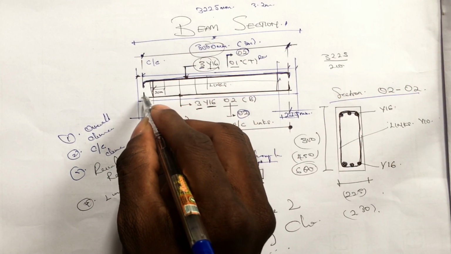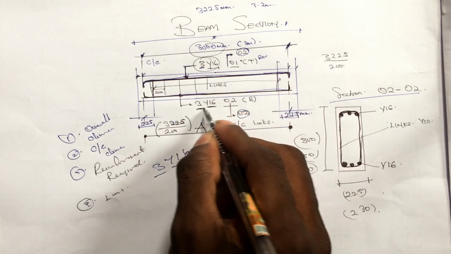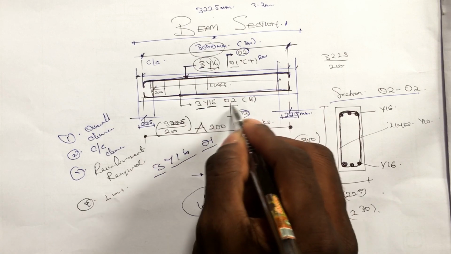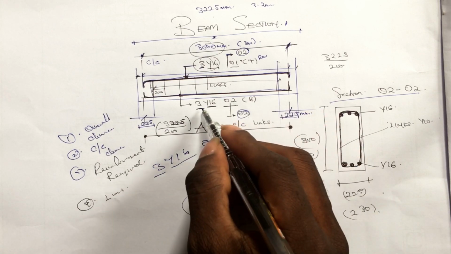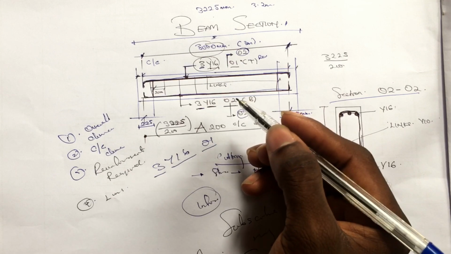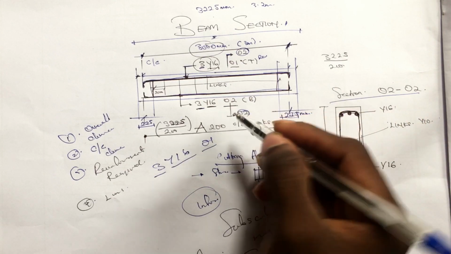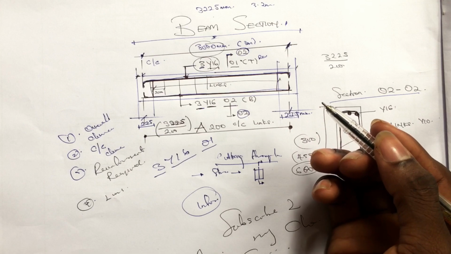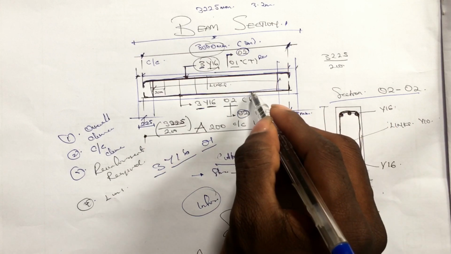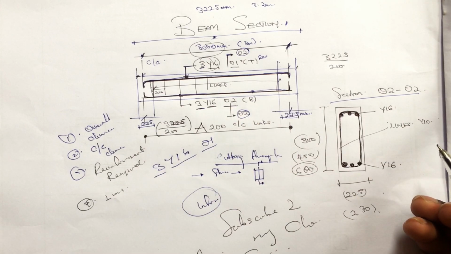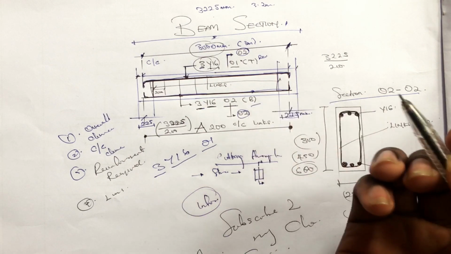So here also we have the bottom 3Y16O2, the same thing applies there. 3 is required, Y16 is the diameter of the reinforcement, and O2 is just the benchmark, just a number to signify the specific reinforcement, and that is at the bottom.